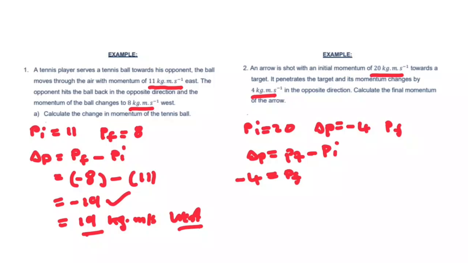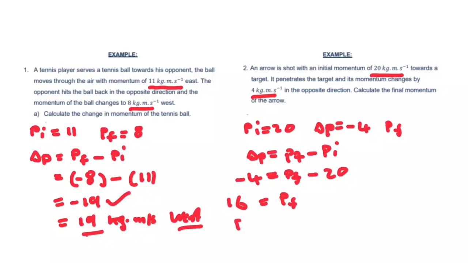So momentum final, and then minus the initial momentum, which is just 20, because it is in the direction we're taking as positive. So minus 4 plus 20, because we're going to add 20 on both sides, right, to make the final momentum the subject of the formula. We're going to have 16 being equal to the final momentum.